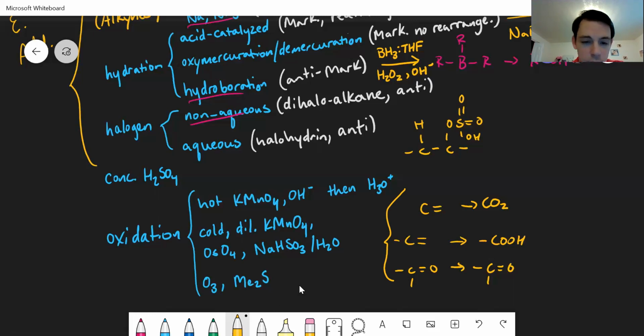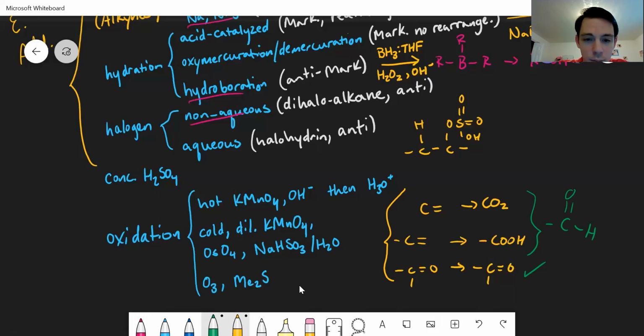O3 is similar, but it's sort of in between these two. It will oxidize tertiary carbons to a ketone, but secondary and primary double bonded carbons get oxidized to aldehydes instead.